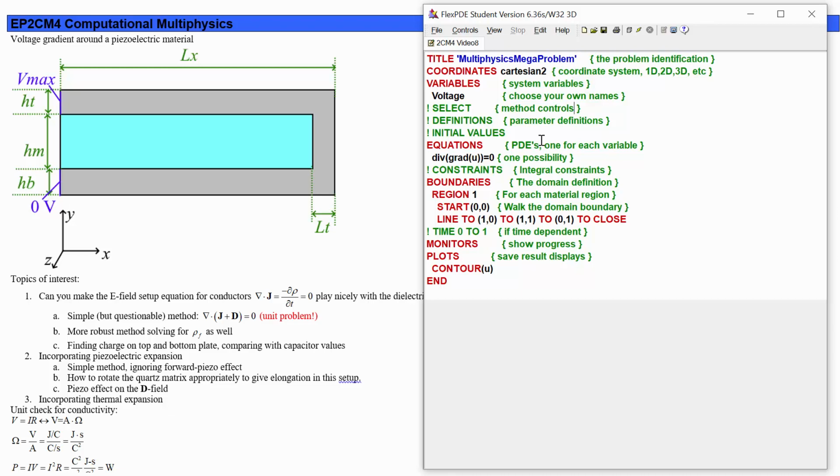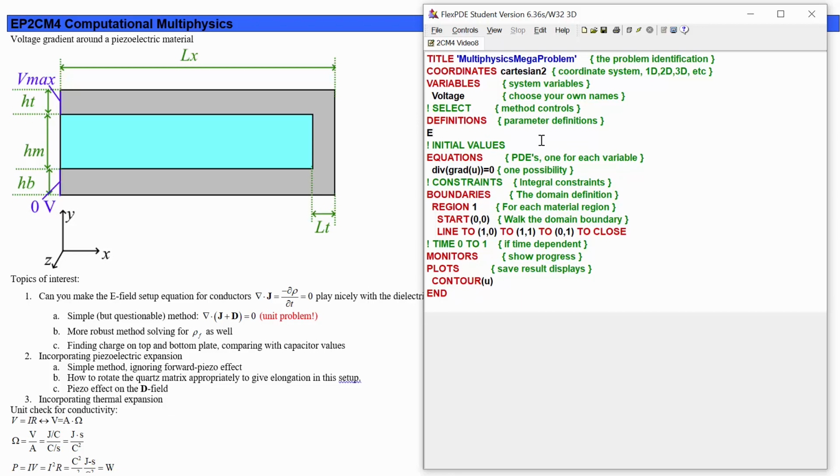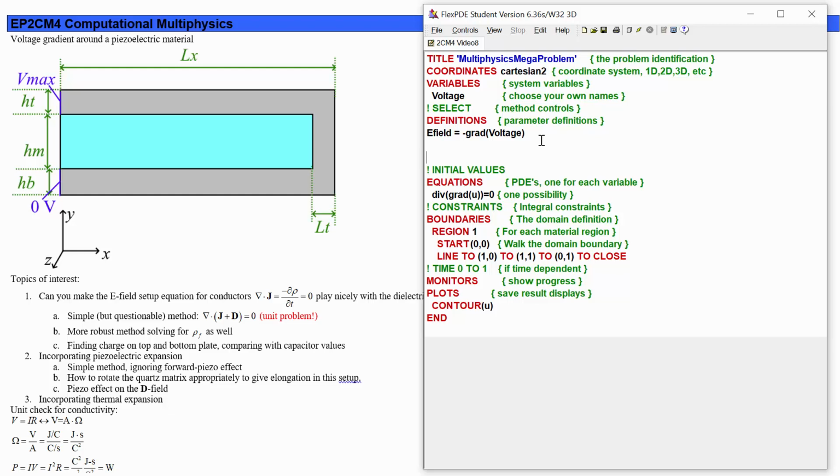Okay, so the setup in definitions, we're going to say that the E field is equal to negative grad of the voltage. Let's give pretty descriptive names because we're going to need V later to be the displacement in the y direction, and E perhaps to be the elasticity. So we better call these things E field and voltage to give us more space with variables later.